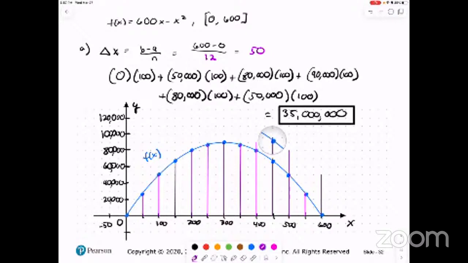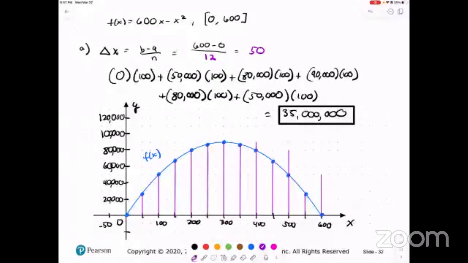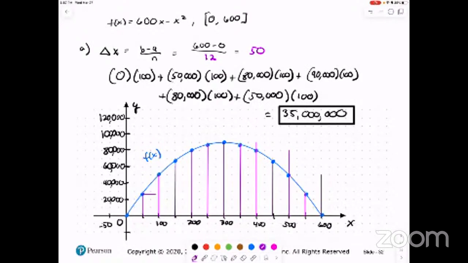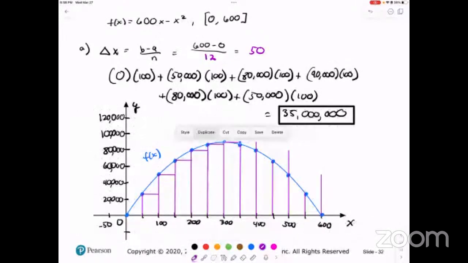Okay. So I can make a rectangle here. I'll just duplicate that. I can make one here, duplicate here, duplicate here, duplicate here, duplicate here, duplicate here, duplicate here, duplicate here, duplicate.